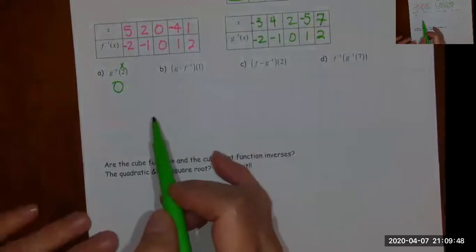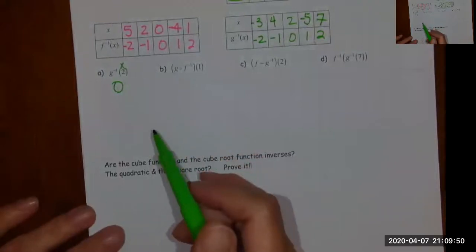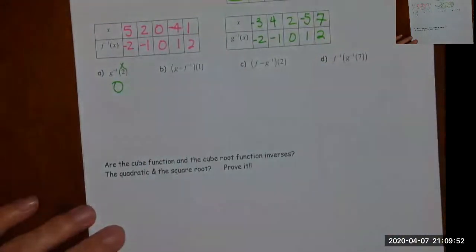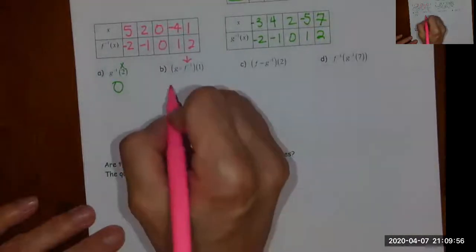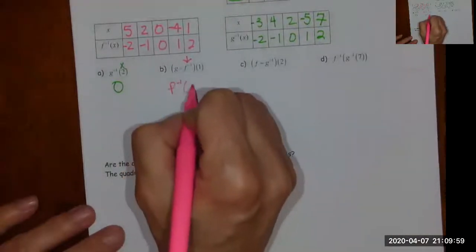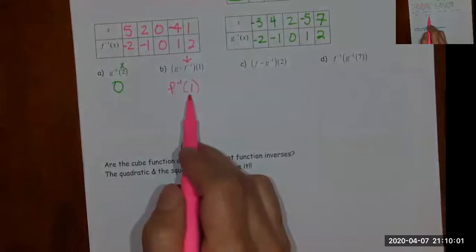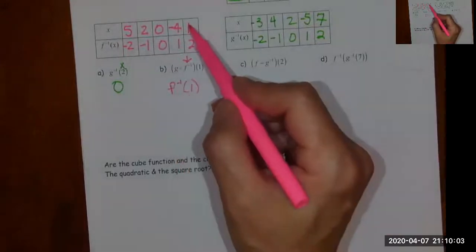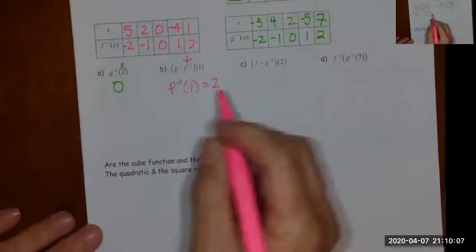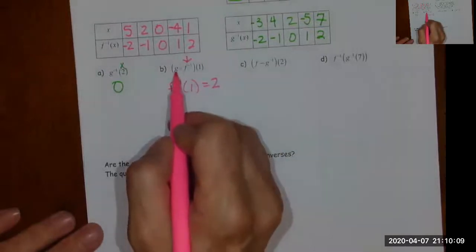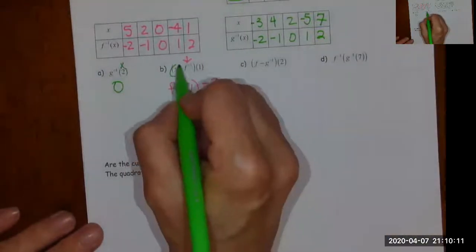So this one says, right, first we do, this is the inside function, so we do it first. So f inverse of 1. So it says look on the inverse where x is 1. Well, where x is 1, your answer is 2. Right? Now it wants you to plug that into the outside one.